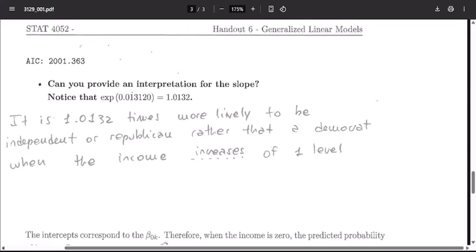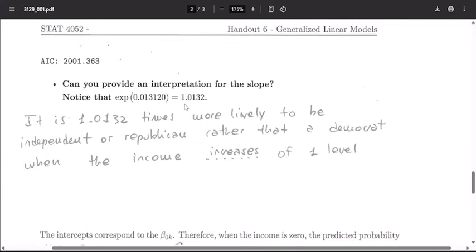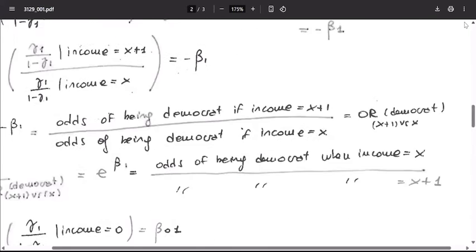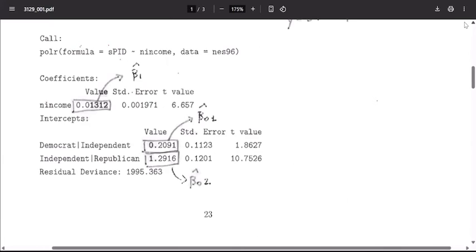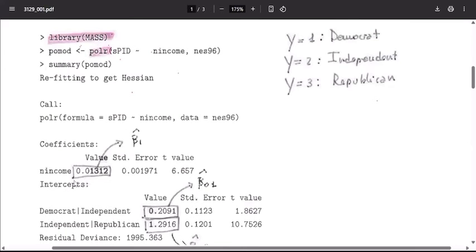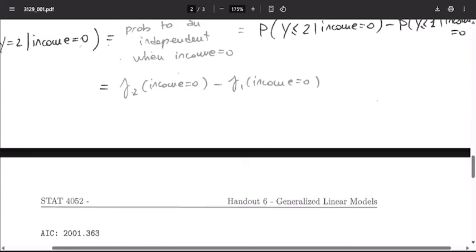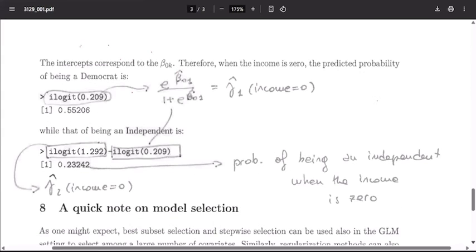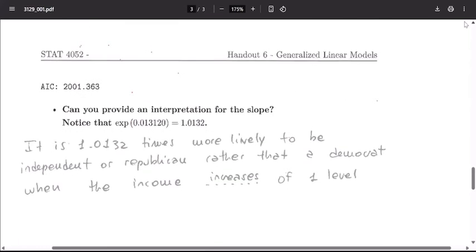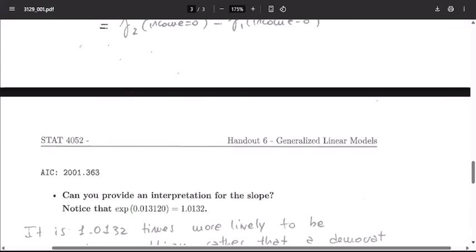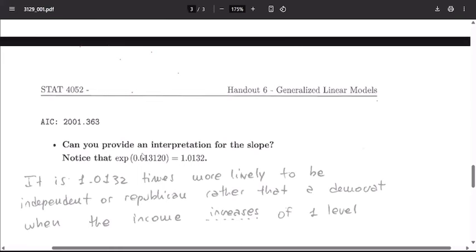And of course, this is the interpretation when you exponentiate 0.013 that we got the other time. If you go back here, the income coefficient, when you exponentiate that, you see what we have is the interpretation.